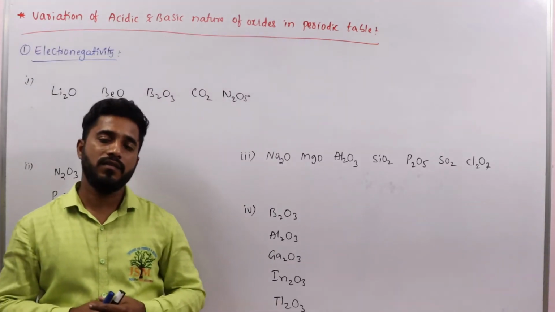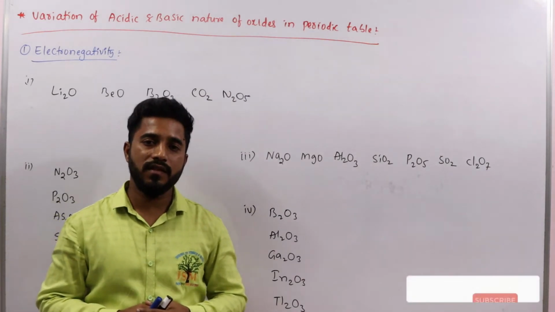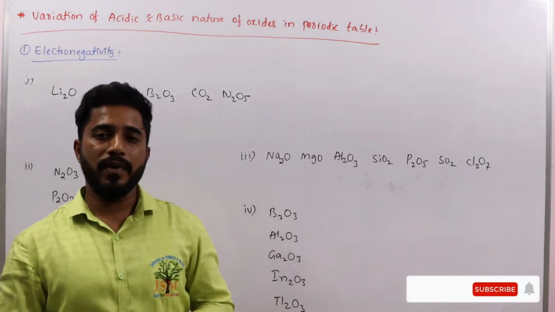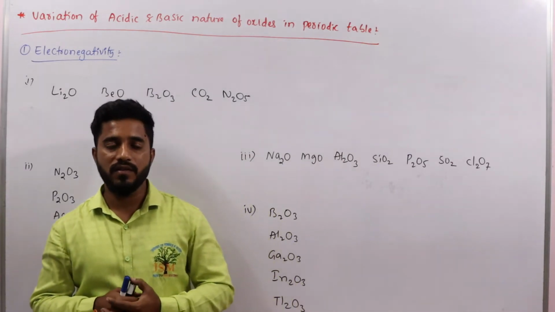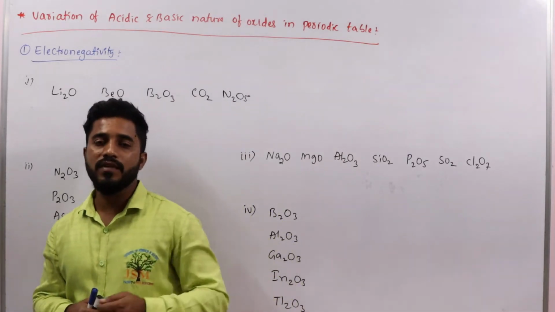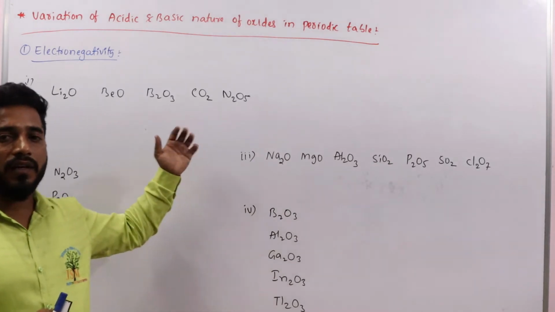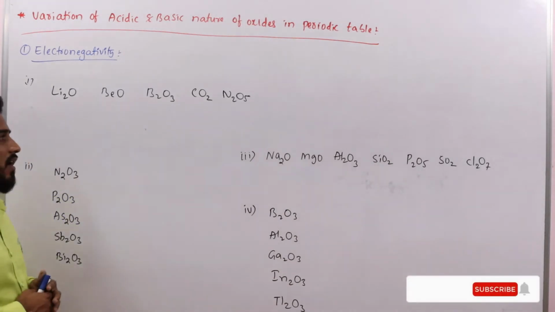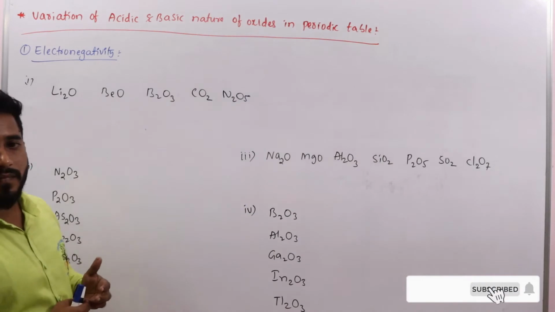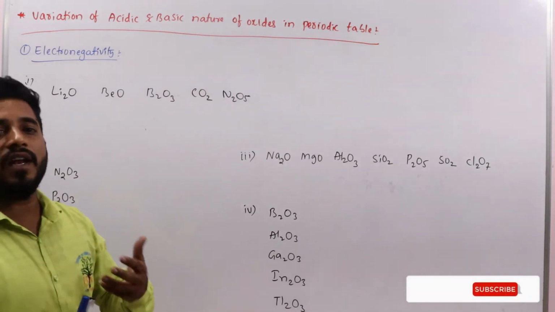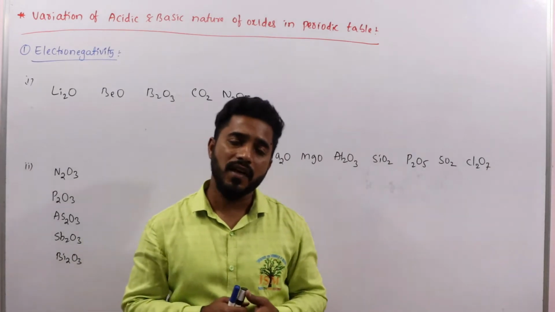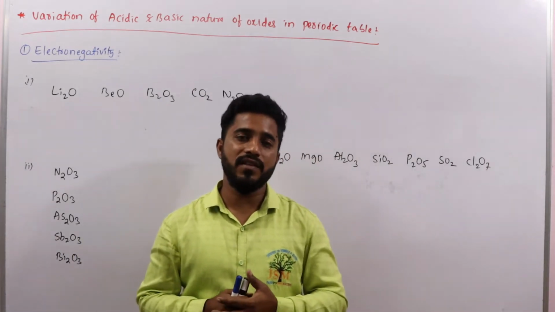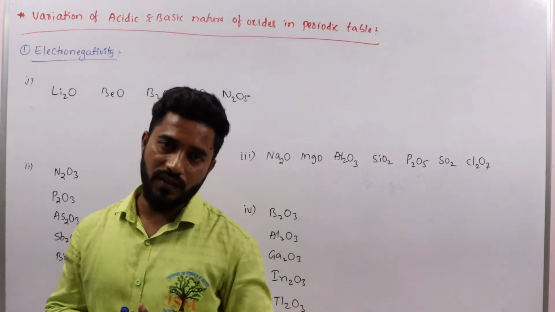The nature of oxide depends upon two factors, that is electronegativity and oxidation state. Let us see the first factor, electronegativity. When oxides form with different elements, the acidic and basic nature depends upon electronegativity.